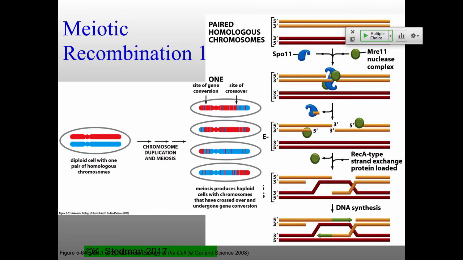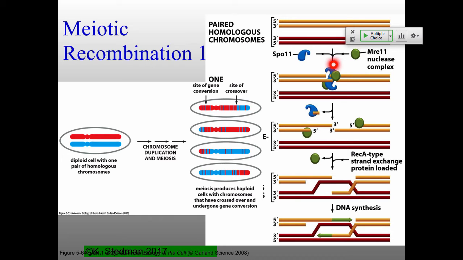As I mentioned before, it's not just when you have a double-stranded break that happens through some kind of DNA damage. Turns out that meiosis probably requires this homologous recombination, so lining up the two sister chromatids with each other.